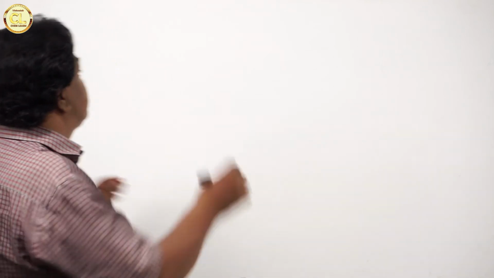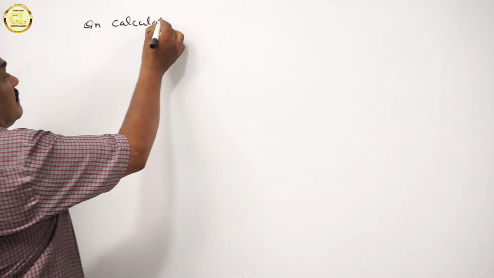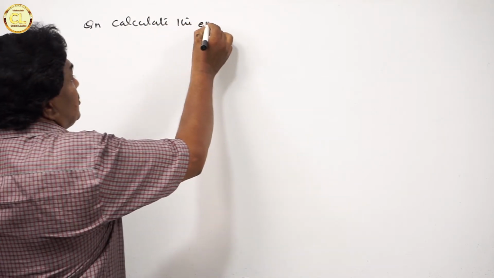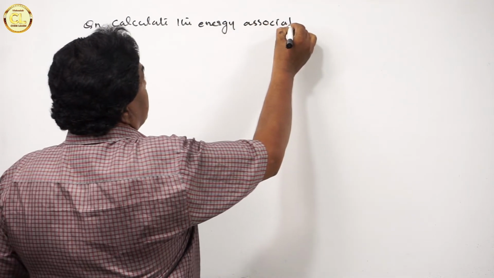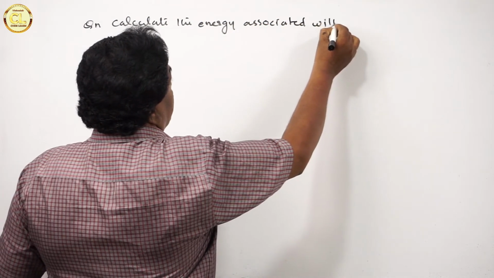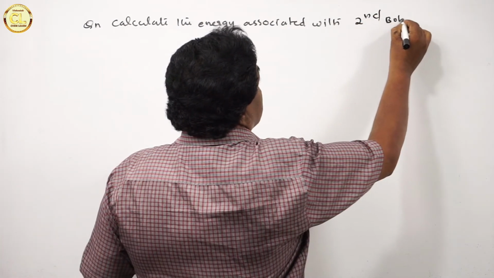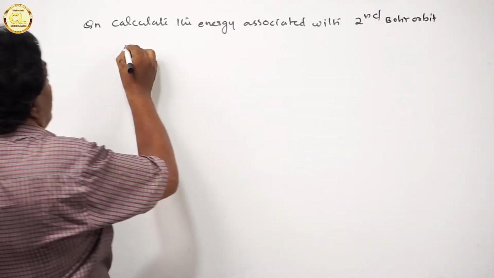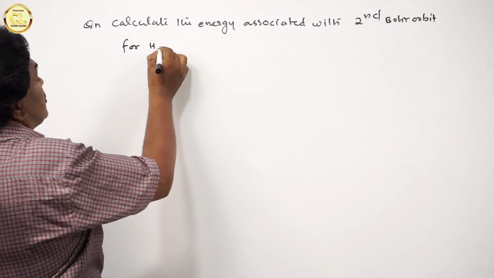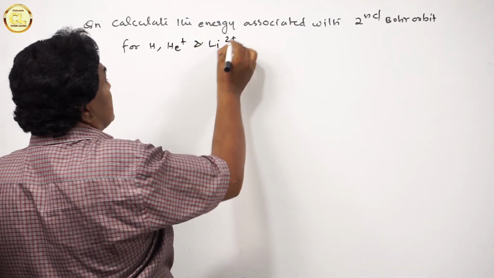Now we can do some problems based on Bohr model of atom. Question: calculate the energy associated with second Bohr orbit for H, He plus and Li 2 plus.